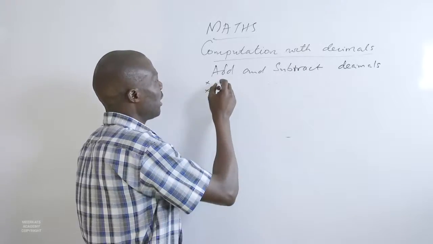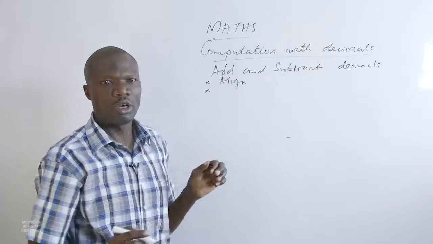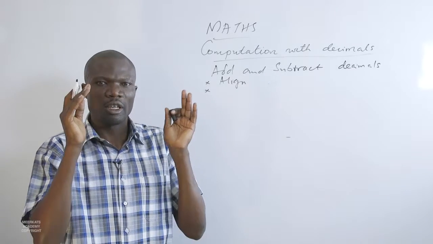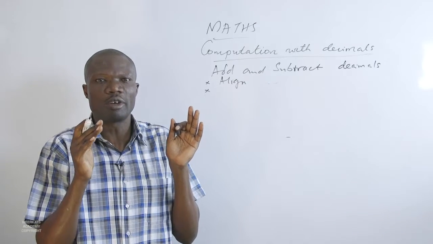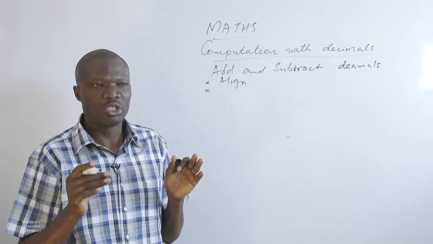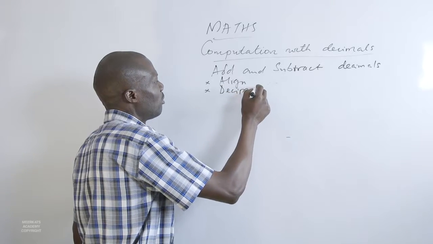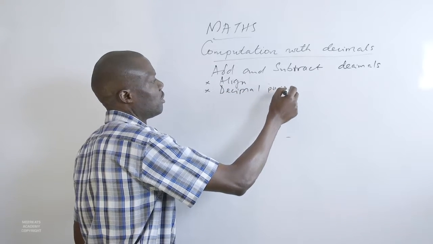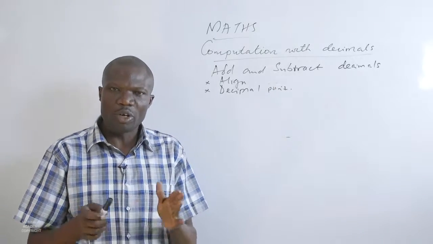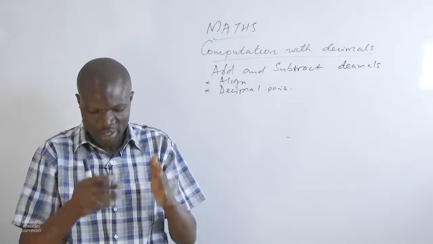First is the alignment. You align the digits so that the place values that are of the same value are placed in the same column. Second is about aligning the decimal point. The decimal point must be lined up directly above the other one.